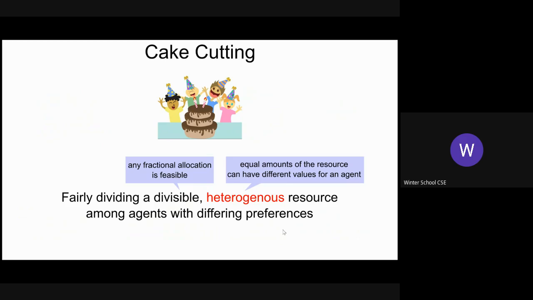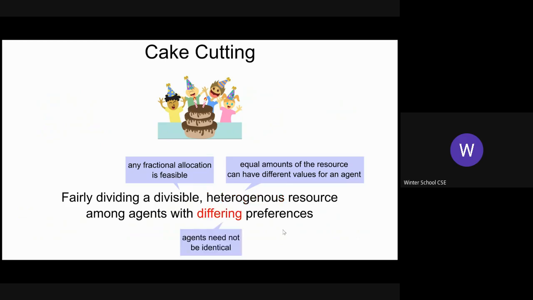This is in contrast with something like money, right? So imagine there's a stack of 10 rupee notes. Okay. Now, whether I give you 5 notes from the top or 5 notes from the bottom, it doesn't matter. They both have value of 50 rupees for you, right? But there could be resources where what part of the resource you get matters. Okay, you have different preferences over different parts.